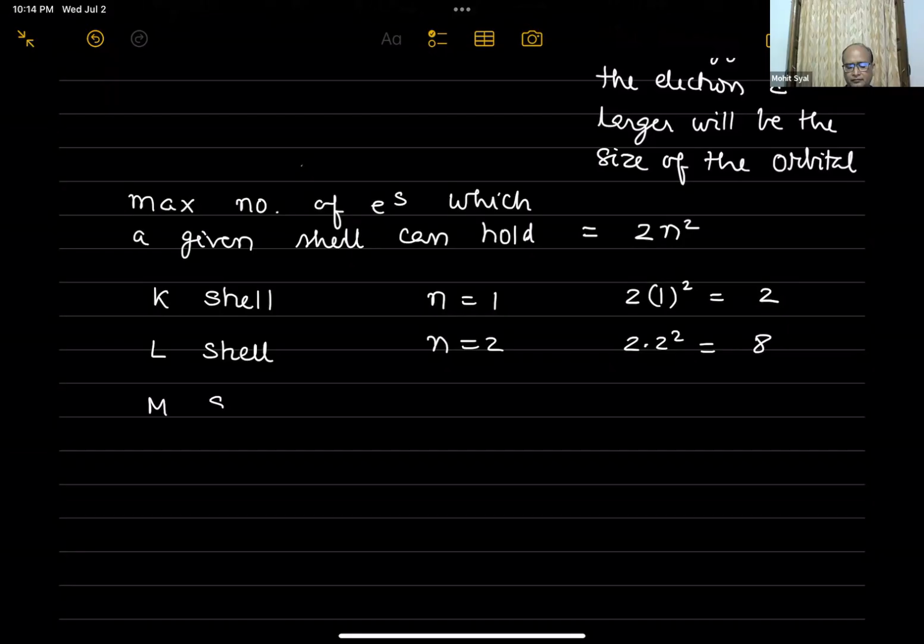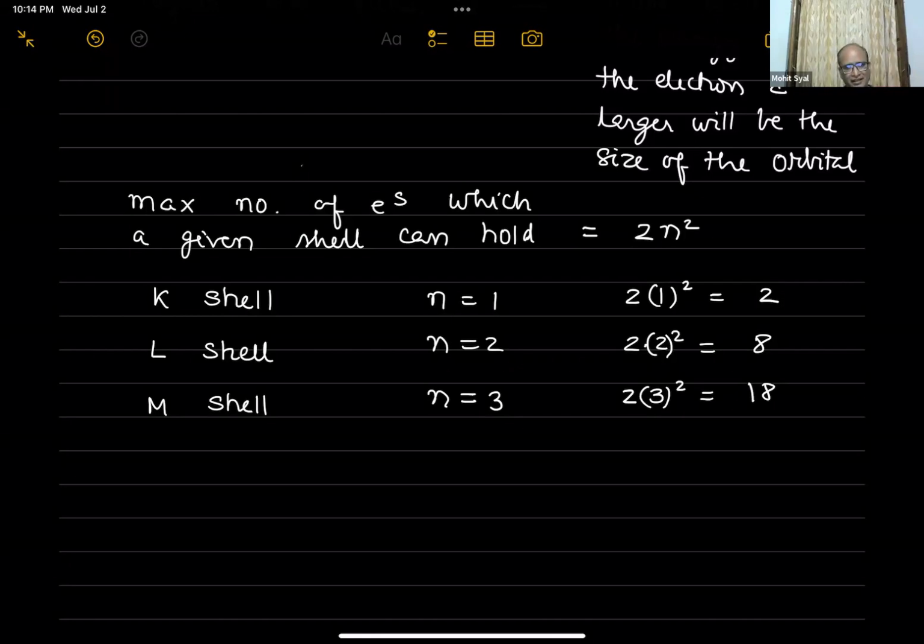M shell, how many electrons maximum can it hold? 2 n square, 3 square is 9, 2 nines are 18. So the third shell can have maximum 18 electrons. Is it clear? So each shell can have maximum 2n square electrons.